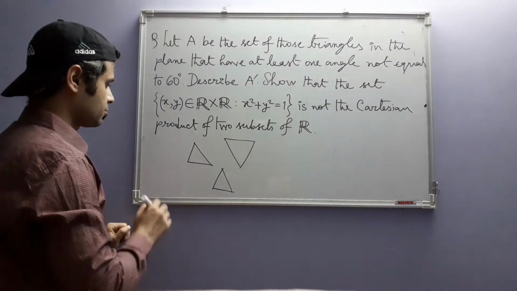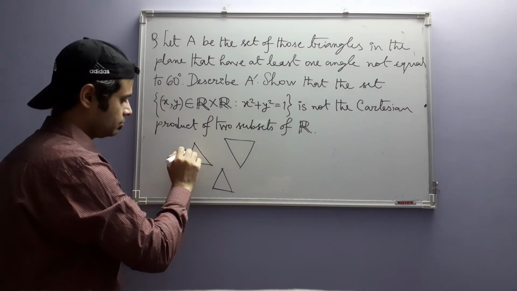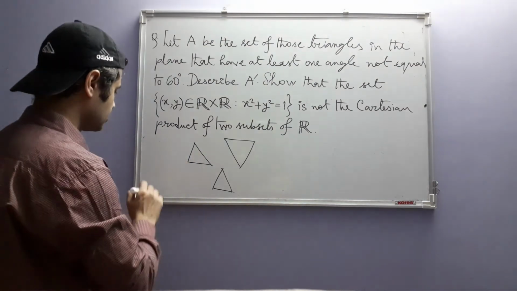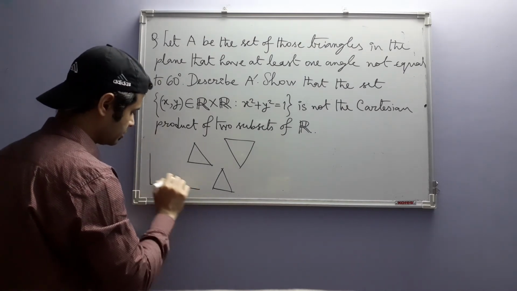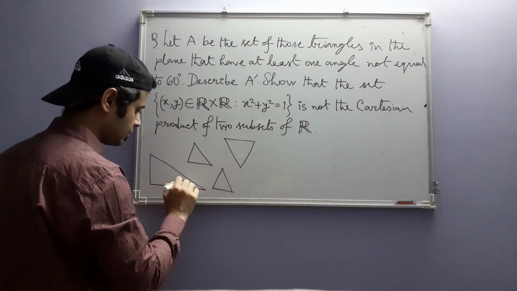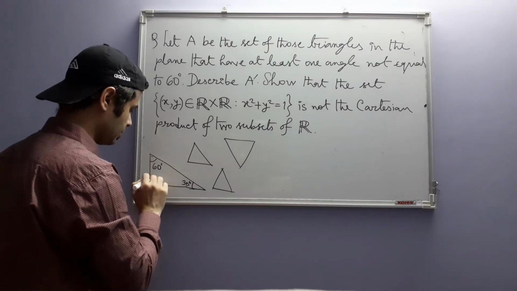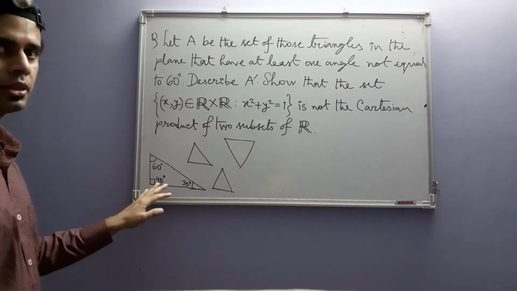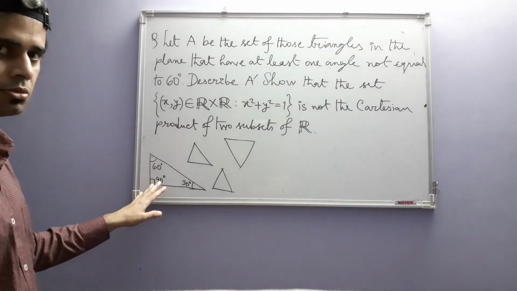Okay, so you can have different types of combinations. For example, you can have something like this, where this angle is 30 degrees, this angle is 60 degrees, and this is of course 90, so that their sum is 180 degrees, coming from plane geometry.